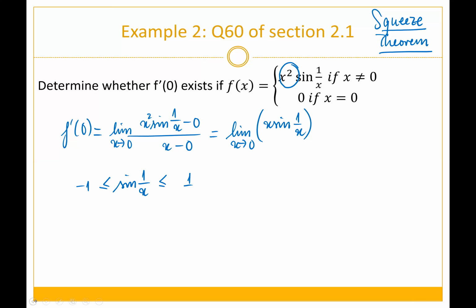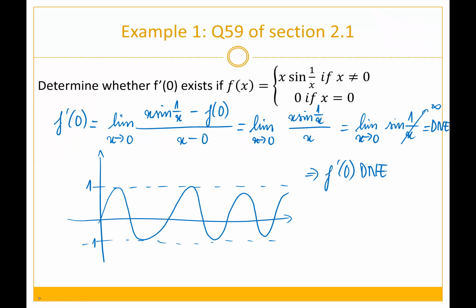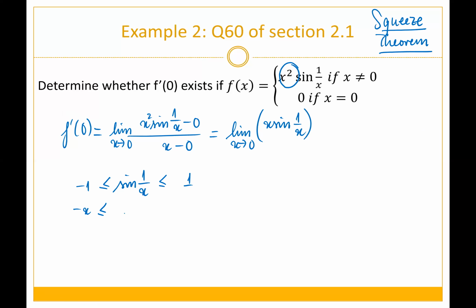So when you multiply by x, with x approaching 0, it's going to be x sine 1 over x divided by x. Someone might argue that you don't know if x is positive or negative, and then the signs might change. But essentially, if it's negative, the inequality just flips this way.